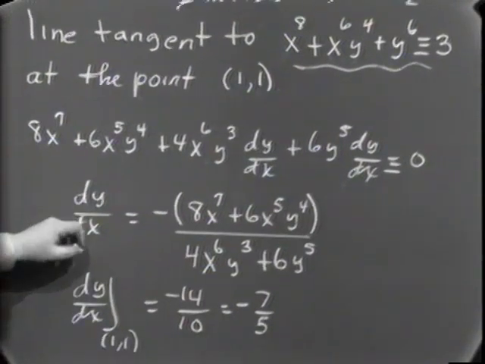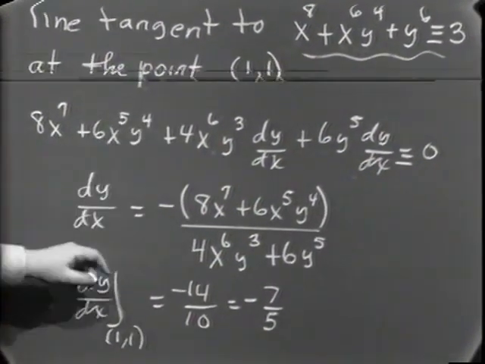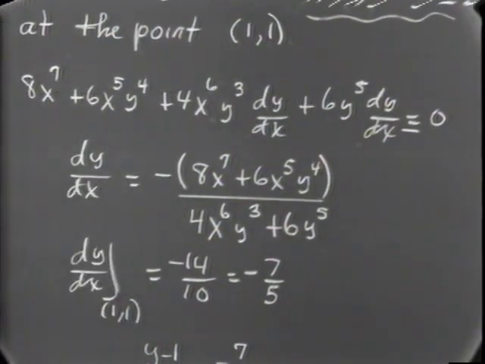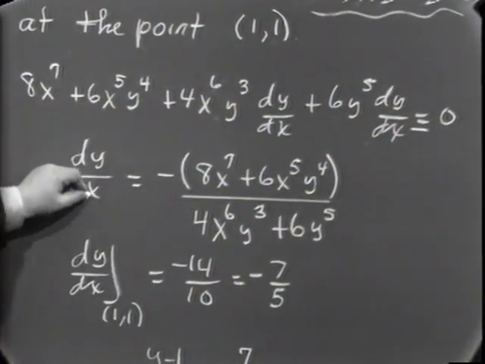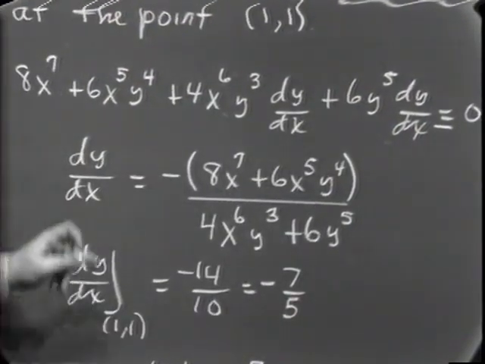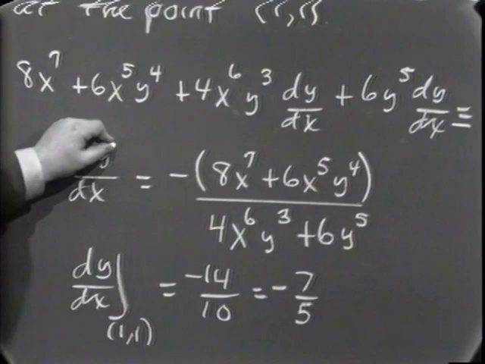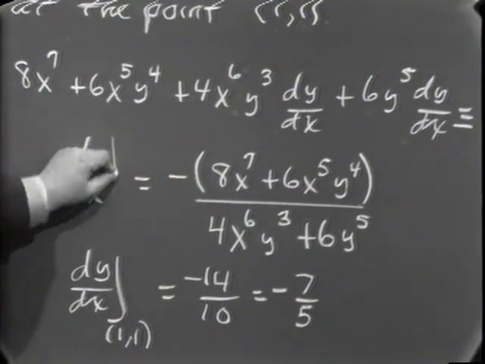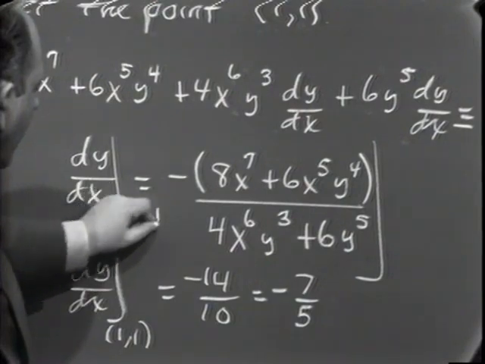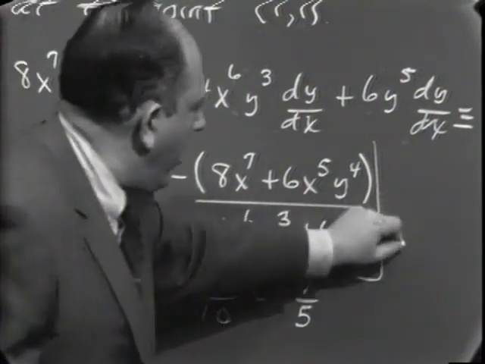And if we now solve this for dy/dx just by transposing, we wind up again with a rather messy expression, but which does show what dy/dx looks like in terms of x and y. We were interested in knowing what the slope was, not for any old value of x and y, but rather when x is 1 and y is 1.